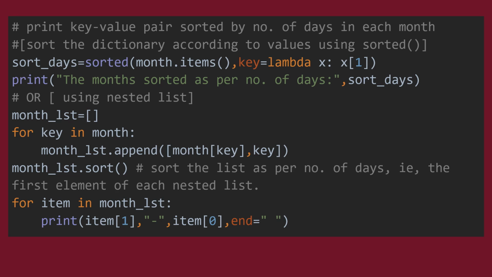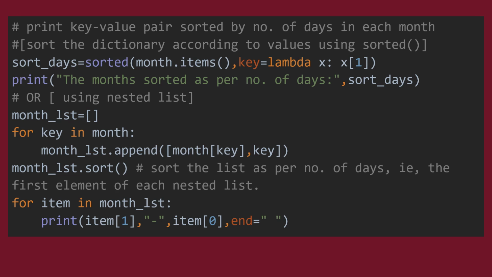That means we will sort according to the value, which is present at index number 1. The keys are present at index number 0 and the values are present at index number 1. So we want to sort it according to the values, not according to the keys. So that you have to specify in this lambda function.